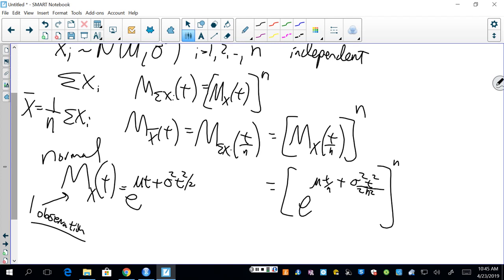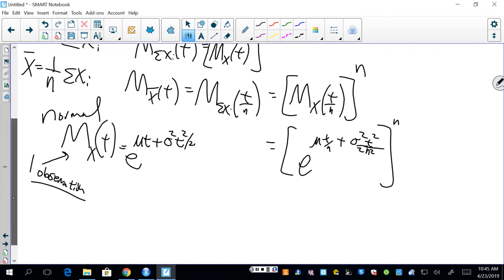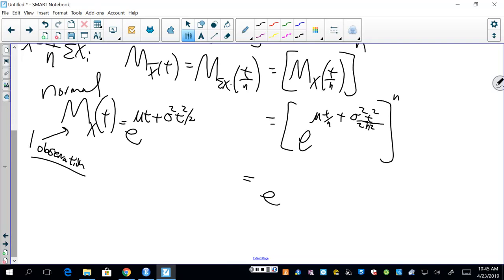So raising this to the n, effectively you can just multiply this by n, and the whole thing becomes e to the mu t plus sigma squared t squared over 2n, which is e to the something times t plus something times t squared over 2.